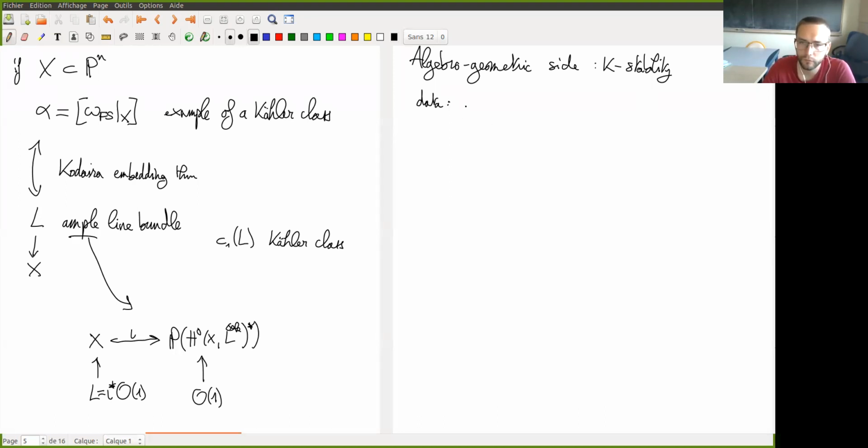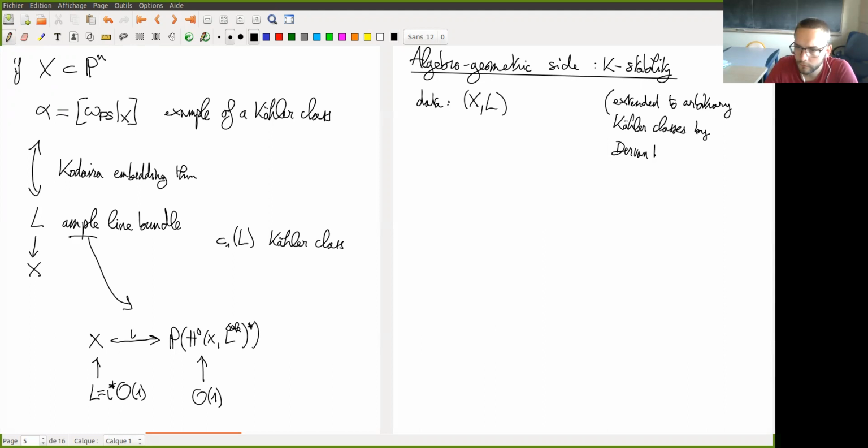So we start again from the same data as before, but now I assume that my Kähler class is coming from an ample line bundle, just to simplify. It's not very important because it's been extended to arbitrary Kähler classes a while ago, actually by Dervan and Ross.